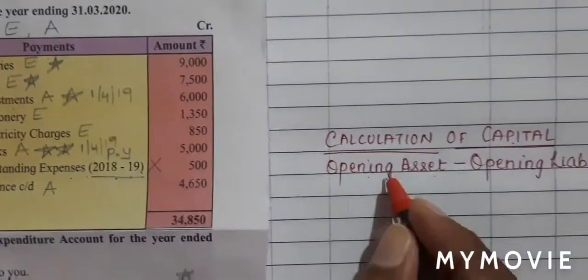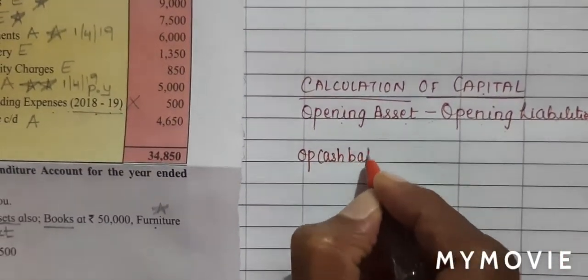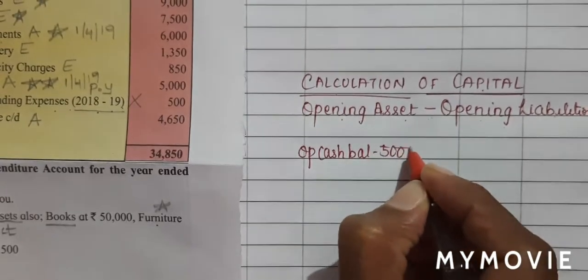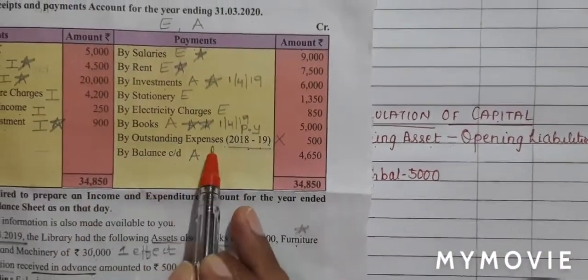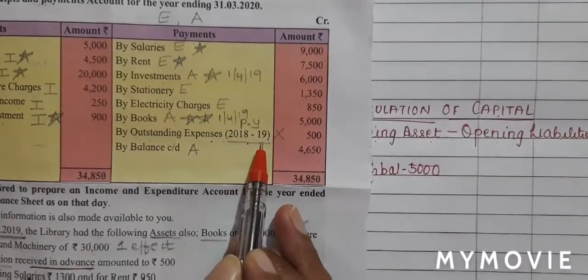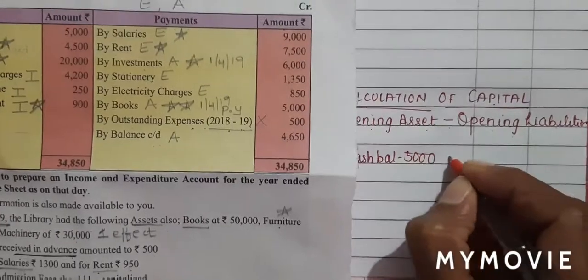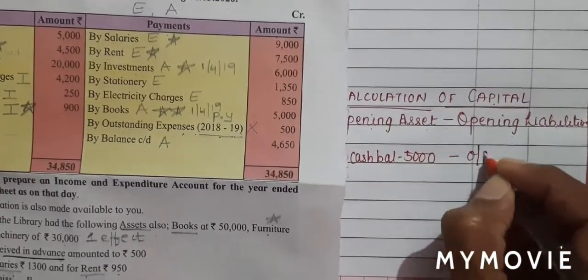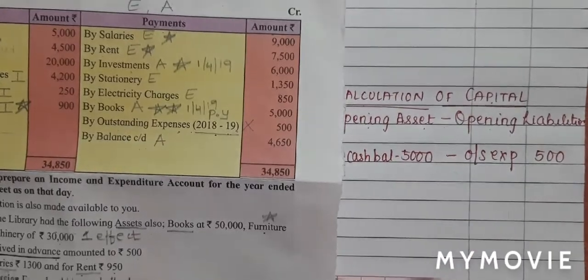So this will come under my assets, opening cash balance, 5,000. On the payment side, there is an outstanding expense of the previous year, which means this is my opening liability. So I'll say less outstanding expense of rupees 500.